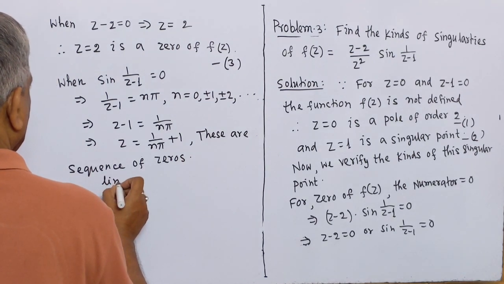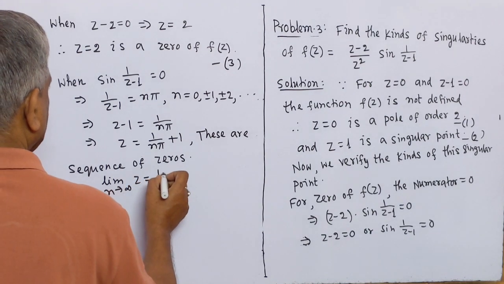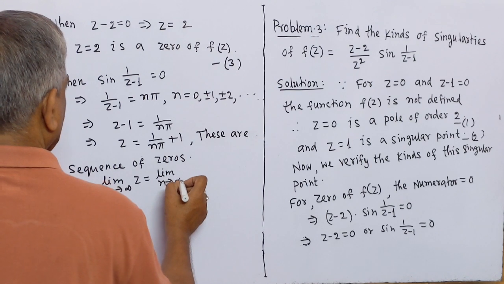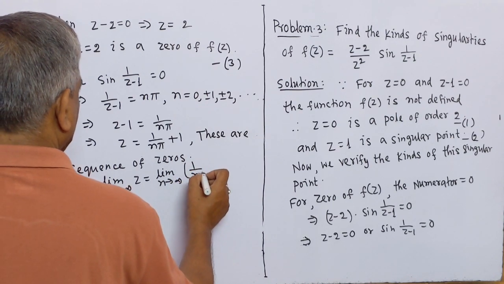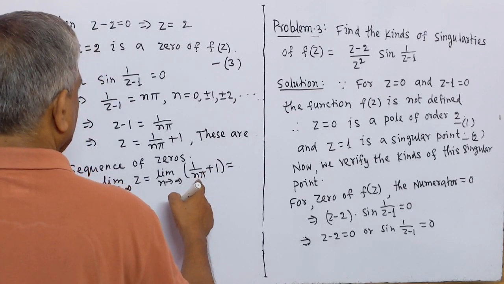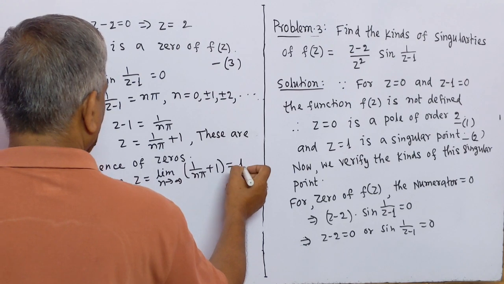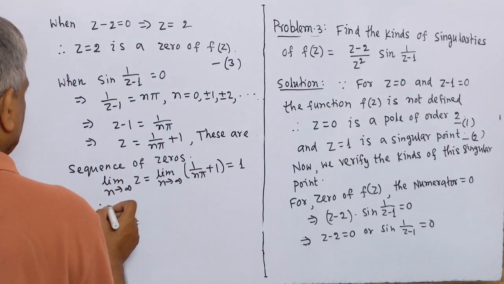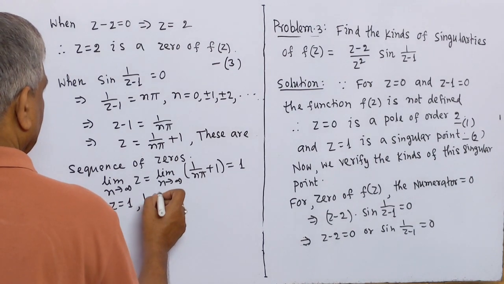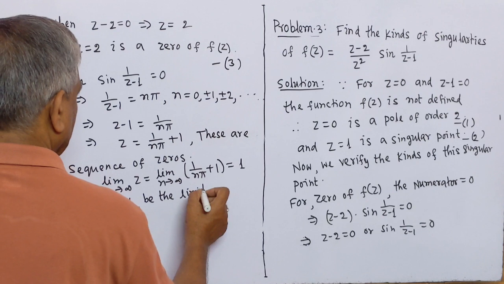Limit n tends to infinity, z equal to limit n tends to infinity of 1/(nπ) + 1. If n equals infinity, this is 0, remains only 1. Therefore, z = 1 is the limit point of zeros.